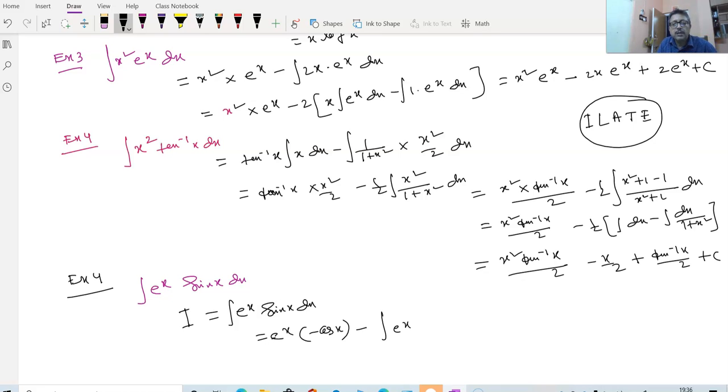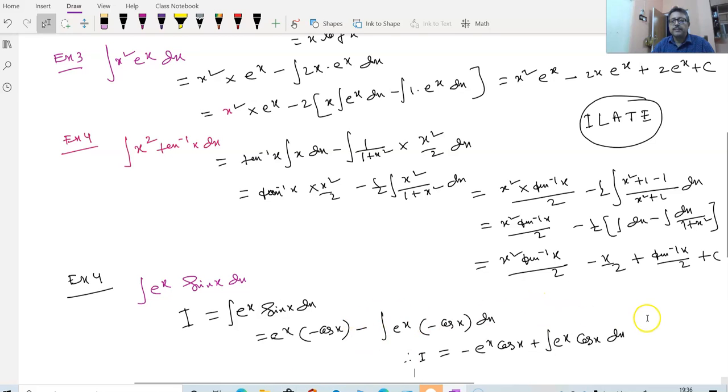Minus, okay, so this is going to be minus e to the power x cos x plus, so I is equal to this.